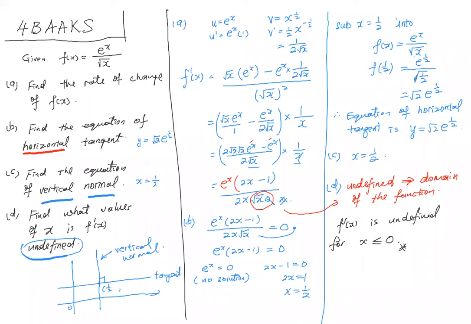Miss, for the answer x is less than or equal to 0, shouldn't the question be what is the range of values of x instead of what value? Range of value and values, isn't it the same? Values means many. It can be also part of the range.